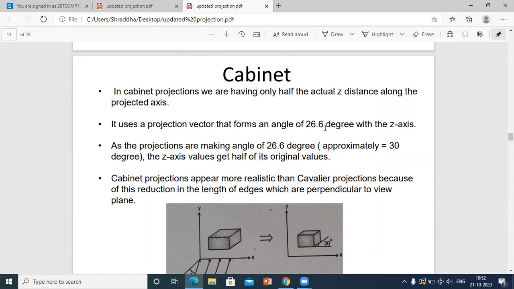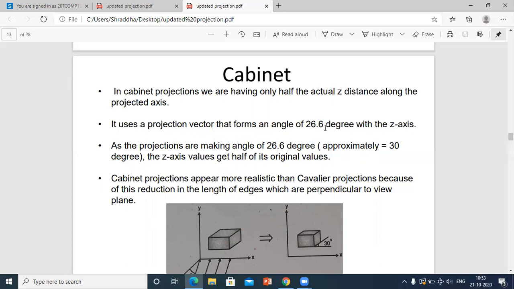The angle that I have mentioned here, 26.6 degrees, varies from book to book. It depends on which book you are referring. In some books it is given 63.4 degrees. In some books it is given 26.6 degrees. So don't panic if you find somewhere it is written 63.4, it is okay. That is also right. And in some books it is written 26.6 degrees. That is also right.